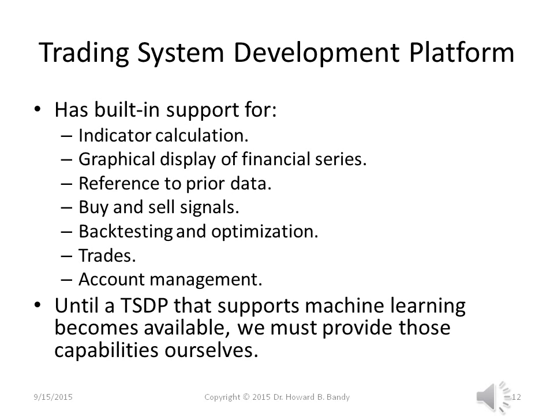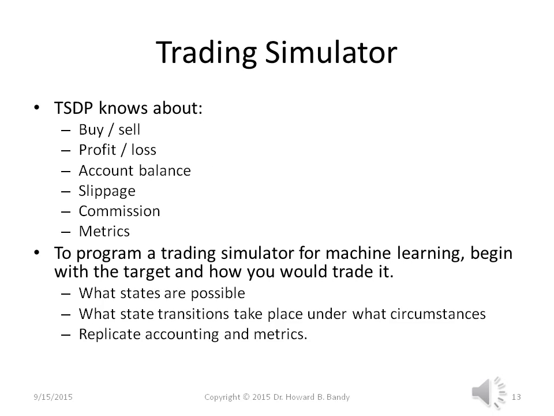You may need to program these yourself, such as indicator calculation, graphical display, reference to prior signals, and so forth. And until a trading system development platform that supports machine learning becomes available, we have to provide these capabilities ourselves.